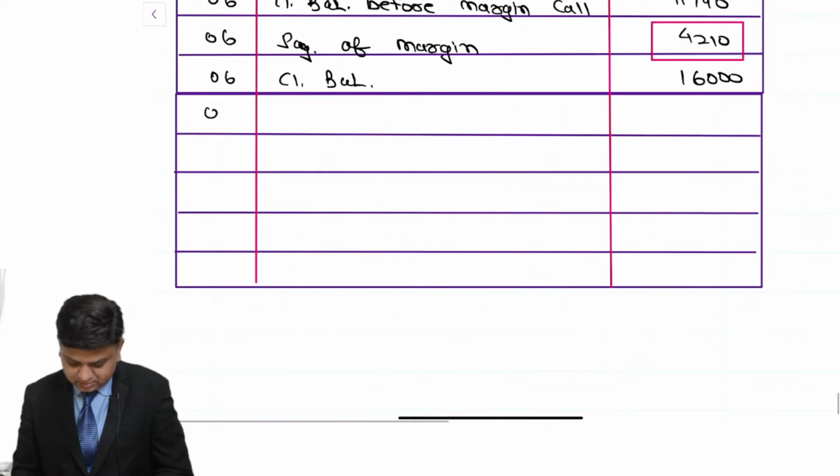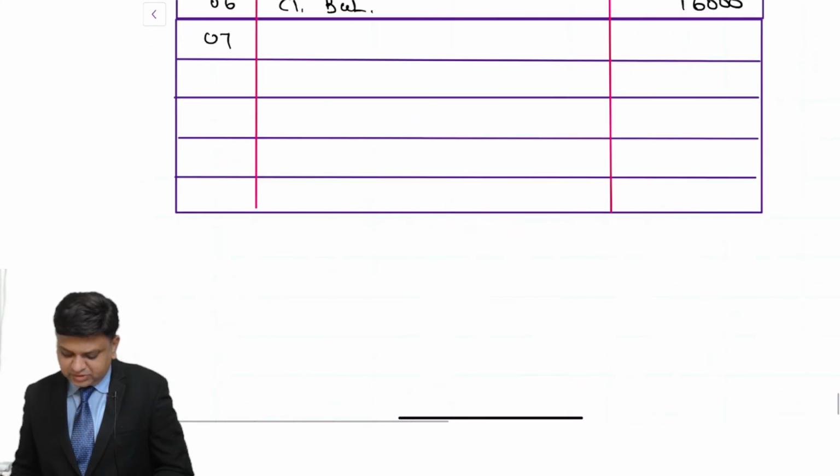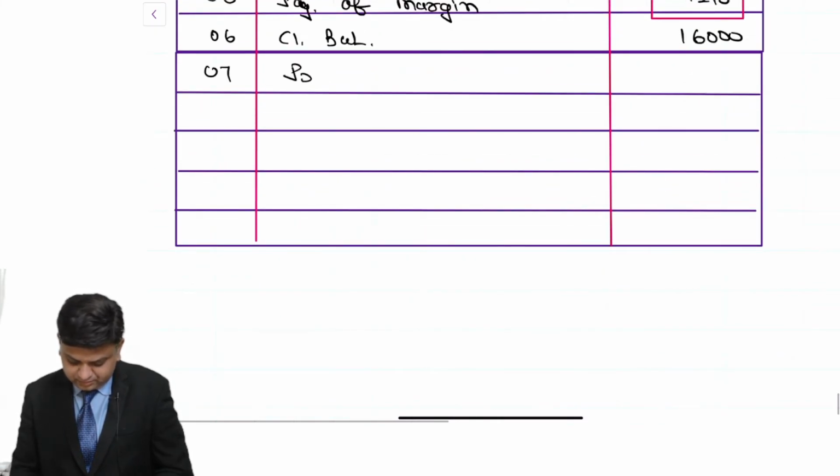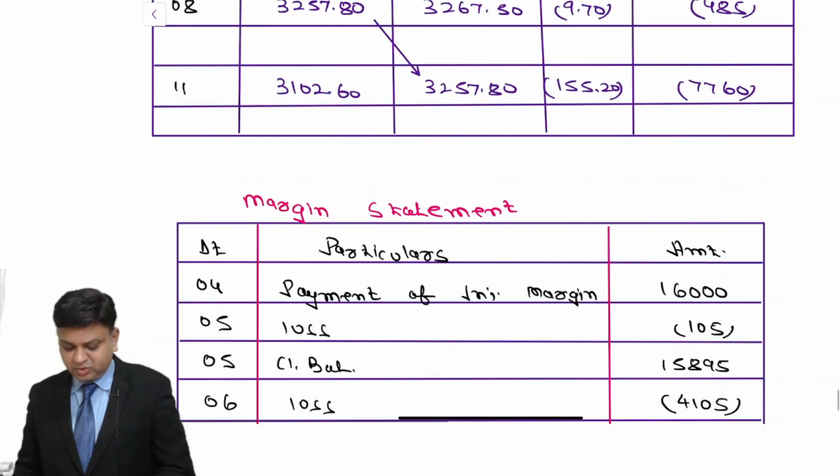Next, on 7th, there is a profit of 2760. So again on 7th, the closing balance is 18,760. So there is no question of margin.